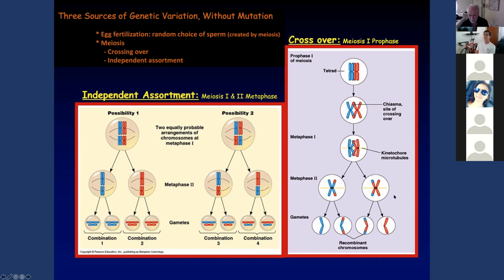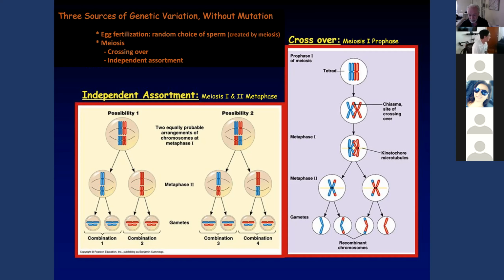So when you get gametes, where you started out with a blue homolog and a red homolog, you have the 2 parental types, one solid blue and one solid red. Then you have 2 recombinant chromosomes, a blue one with red tips and a red one with blue tips.